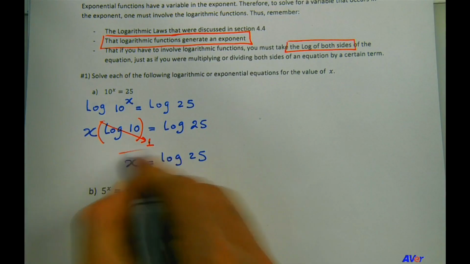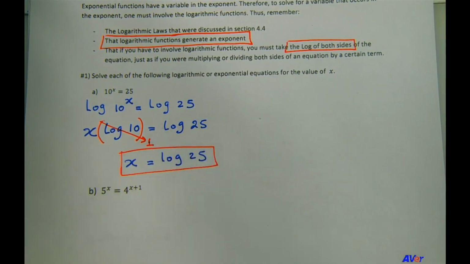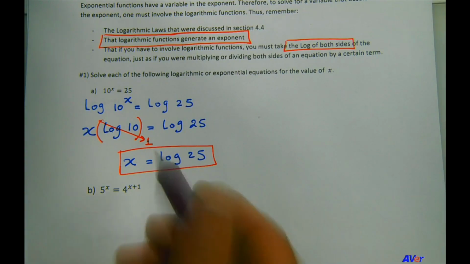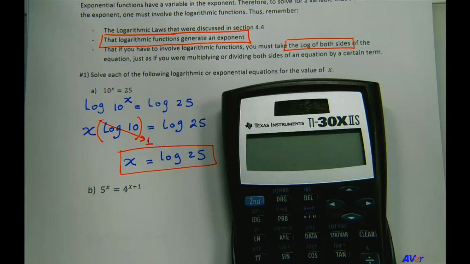So you stop there. But if coordinators all of a sudden decide to allow you to use the calculator, or if this is a problem in the homework online, you can use calculators, right? So let's figure out what that number is. So we'll give answers in both ways.